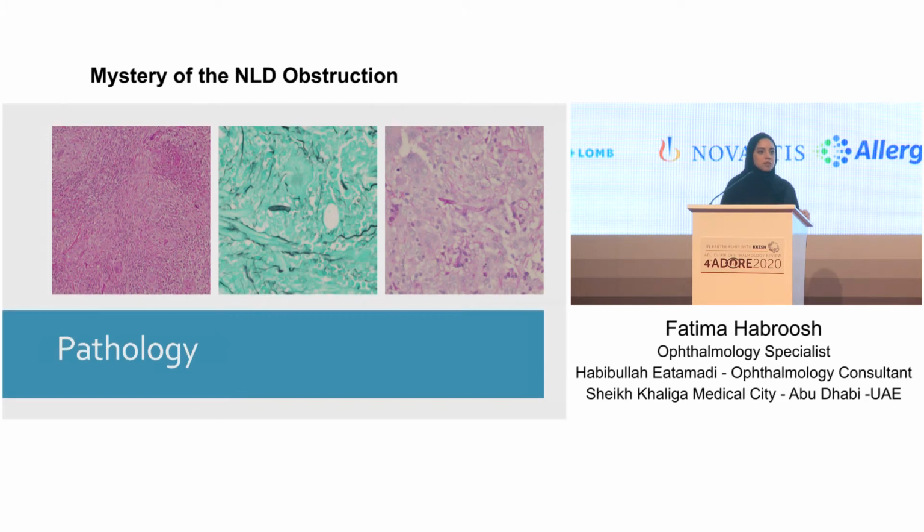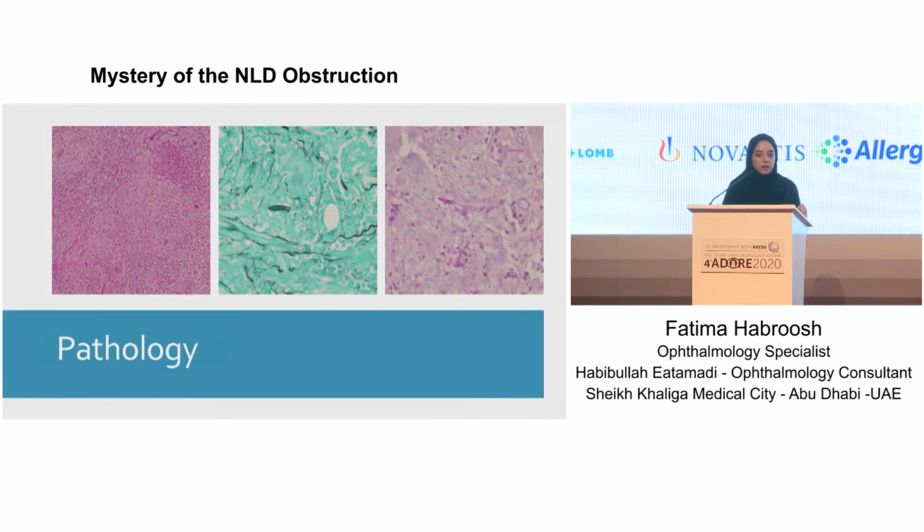After that, the pathology. At this time, we sent part of the pathology for frozen section also, and malignancy was ruled out. So as you can see in the pathology section, the first picture showing granuloma and inflammation.